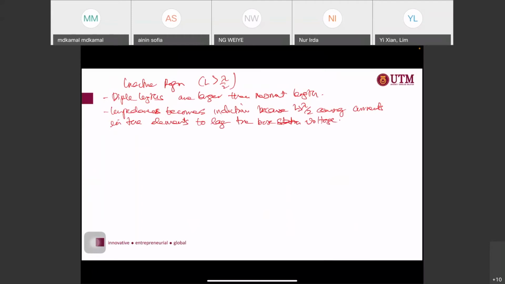This region presents large reactive impedance to the line.